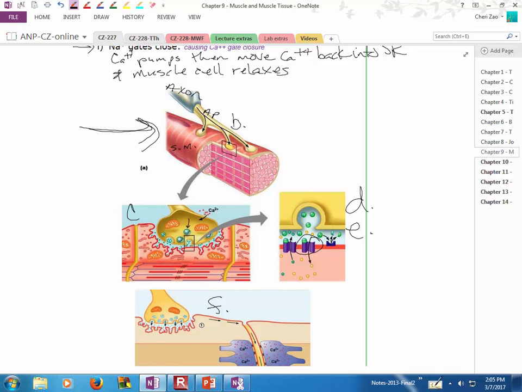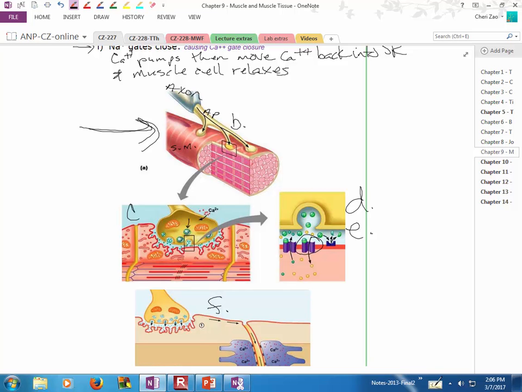Now the neurotransmitter acetylcholine binds to its receptors on the muscle cell, causing opening of the sodium gates in the muscle cell, causing sodium to flood into the cell, causing a voltage change in the skeletal muscle cell, causing calcium gates to open up, causing calcium to flood into the sarcoplasm out of the SR, causing it to interact with troponin, causing troponin to now pull tropomyosin out of the way, and causing the first power stroke. That is all during the latent period.